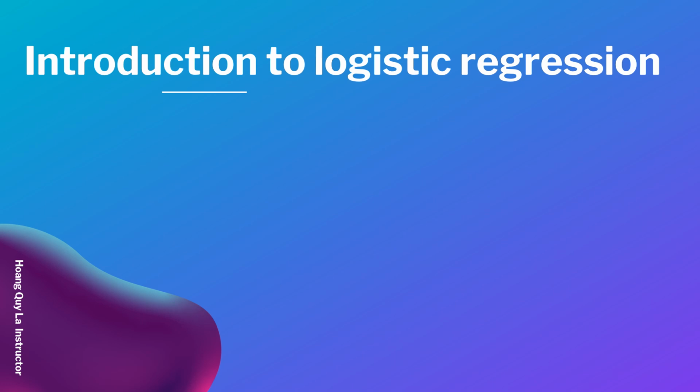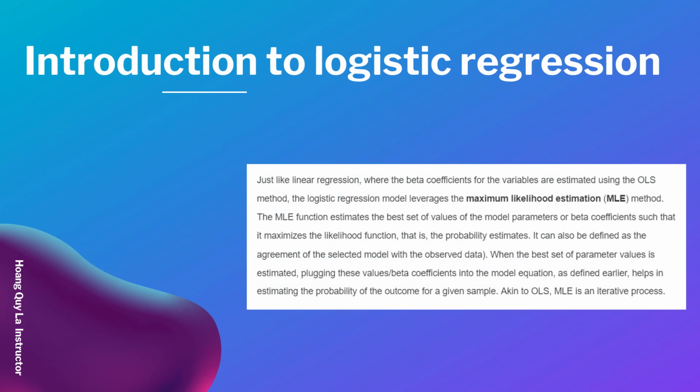So let's talk about the mechanics of logistic regression. Just like linear regression, where beta coefficients for the variables are estimated using the OLS method, the logistic regression model leverages the maximum likelihood estimate, which is the MLE method. The MLE method estimates the best set of values of the model parameters, the beta coefficients, such that it maximizes the likelihood function, that is, the probability estimates.